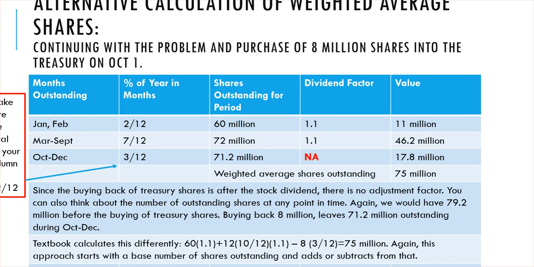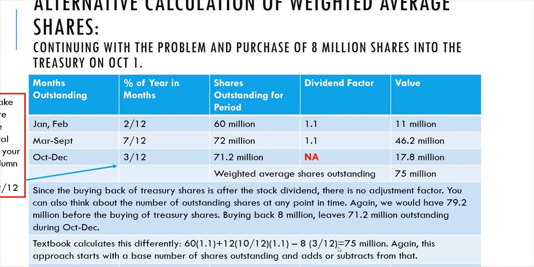But we're going to have another thing happening here, because we are going to buy back some treasury shares. So again, ignore all this. This is for those who took the class some other place. Your textbook and the way you know it is this. 60 times 1.1 plus 12, those are the new issued shares, times 10/12 times 1.1, minus the treasury shares.